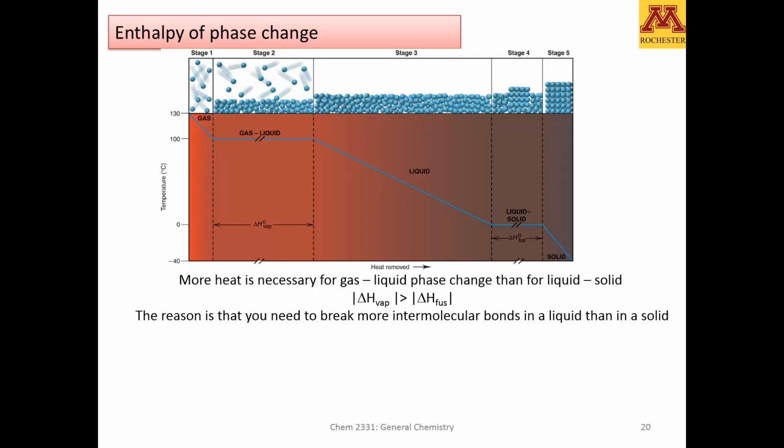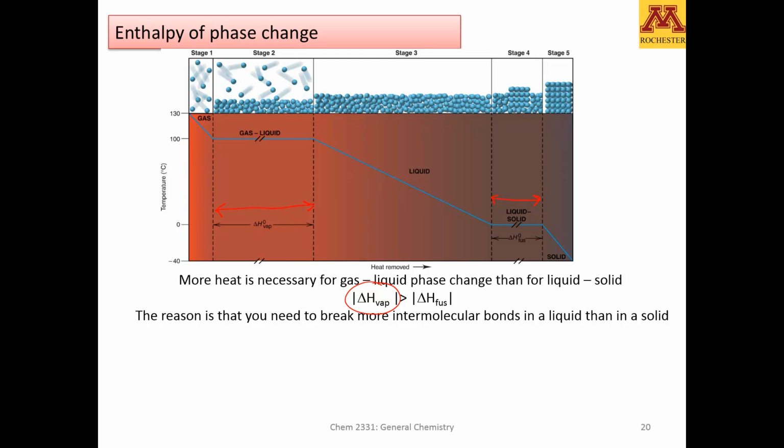Okay, so other observations. Notice that the enthalpy of vaporization, in other words the heat that it takes to vaporize a substance, is usually larger than the enthalpy of fusion. How do you know this? Well, this is the heat that you need to remove when going from gas to liquid, which is much larger than the heat that it takes to go from solid to liquid.